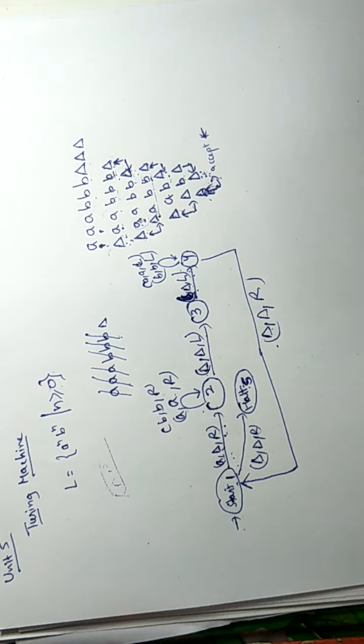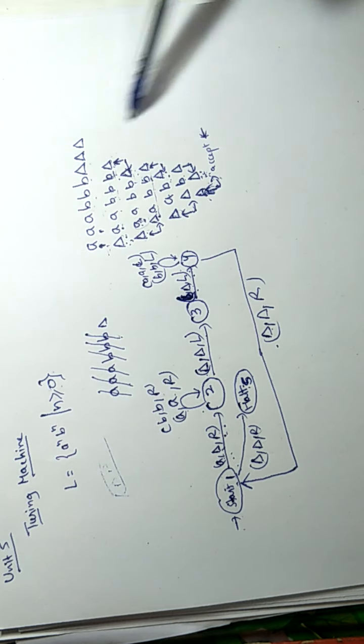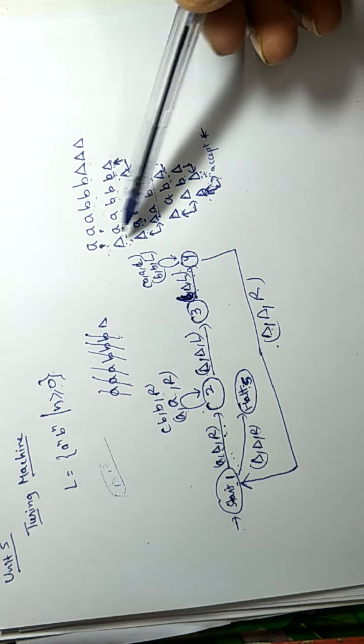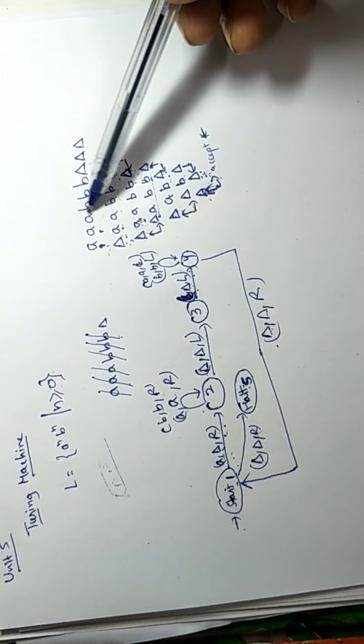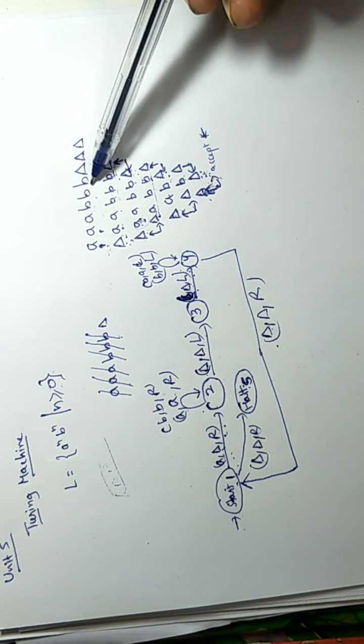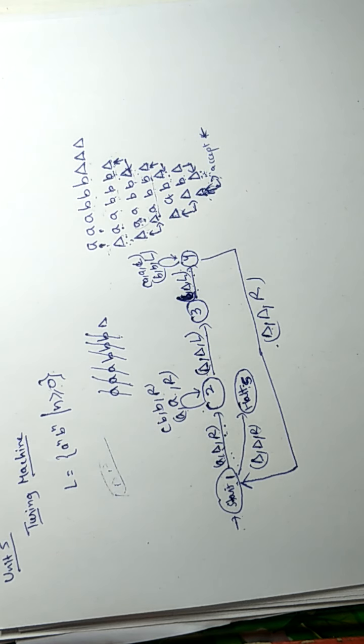So it is better to mark blanks at the corner; that is the only way, changing symbols at the corner to blank. Otherwise the machine will be confused if there are some blanks in between. So it is better to mark from the corner.